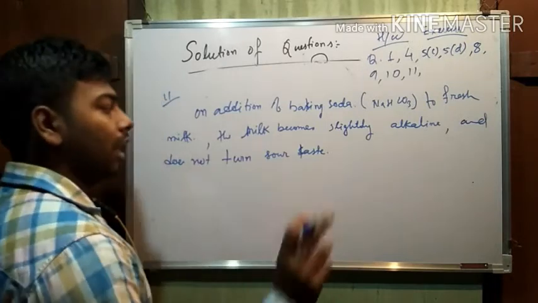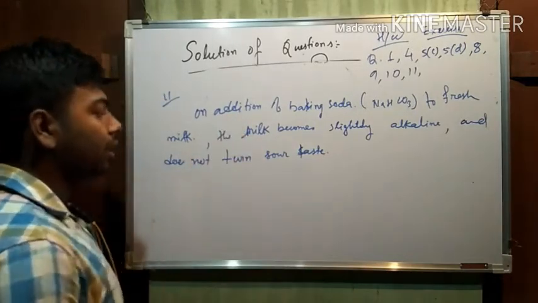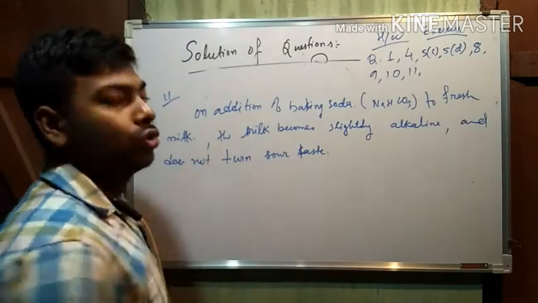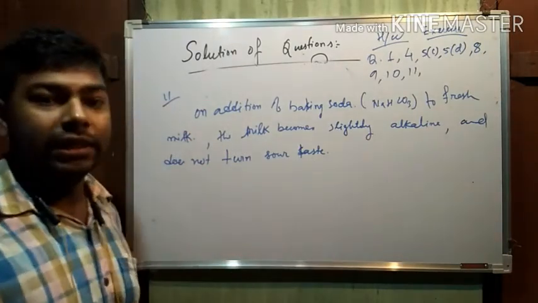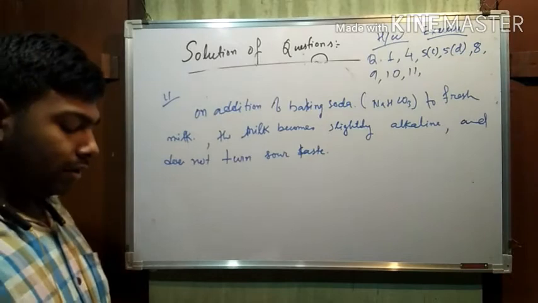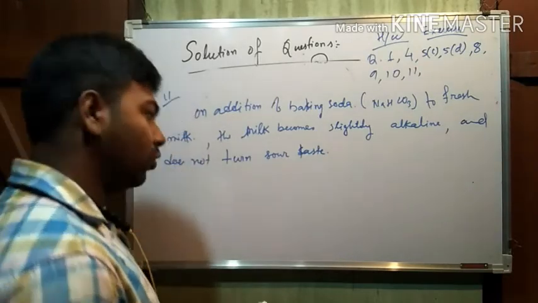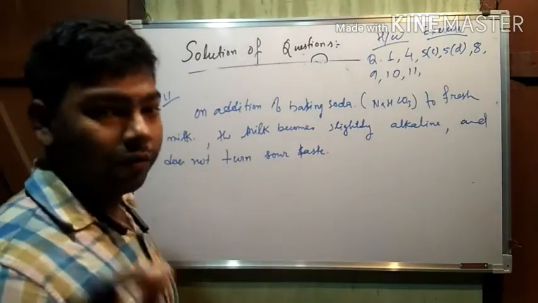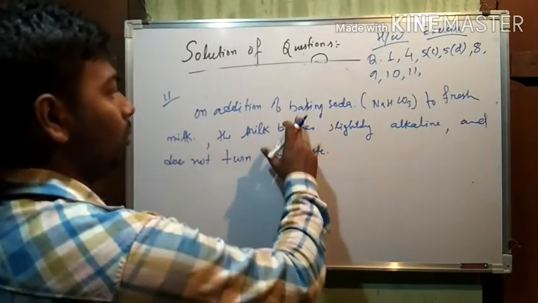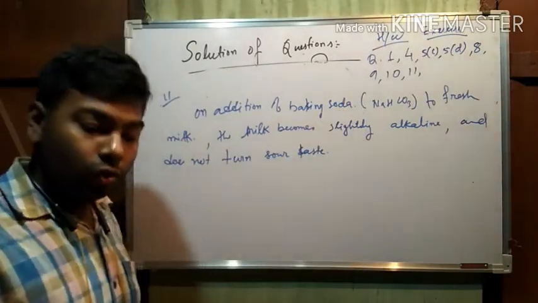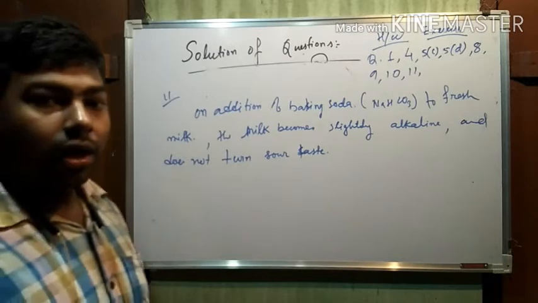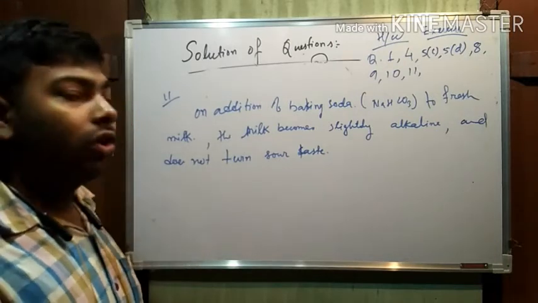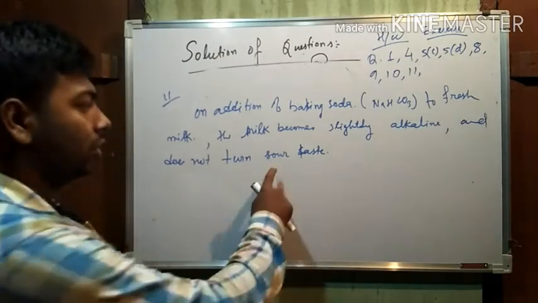That's why the taste of that milk does not turn sour. Sour taste means acidic in nature. That's why a small amount of baking soda is added to the milk to avoid the formation of any acid or sour taste.